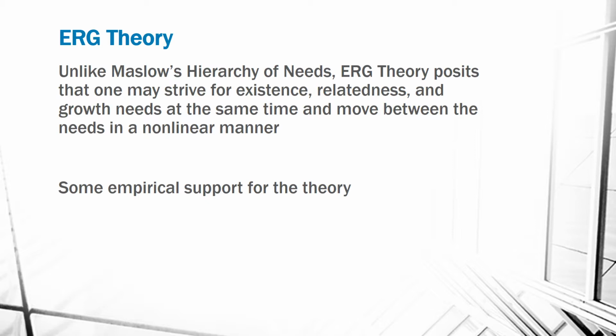Unlike Maslow's hierarchy of needs, this theory posits that we can strive to have existence, relatedness, and growth at the same time, and that we can move between them in a nonlinear manner. In other words, we don't need that fulfillment progression as proposed by the pyramid in Maslow's hierarchy of needs. And as I indicated before, there is some empirical support for ERG theory.